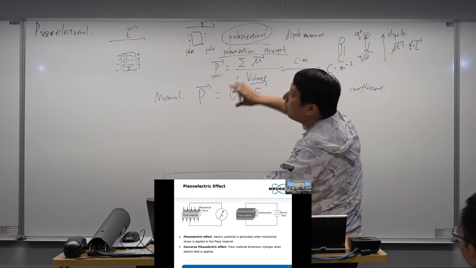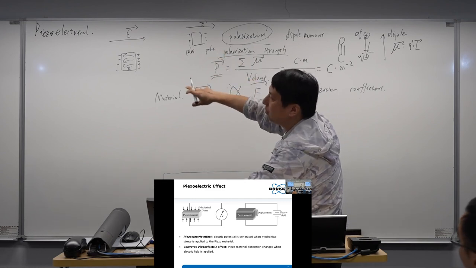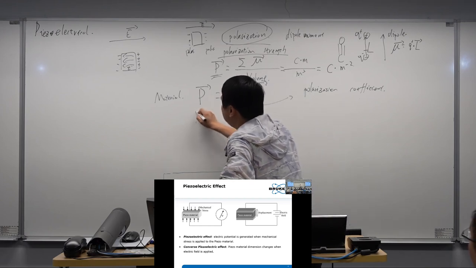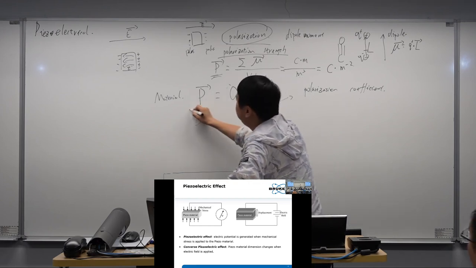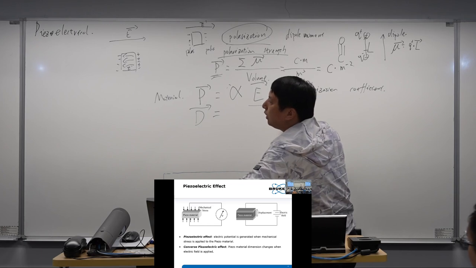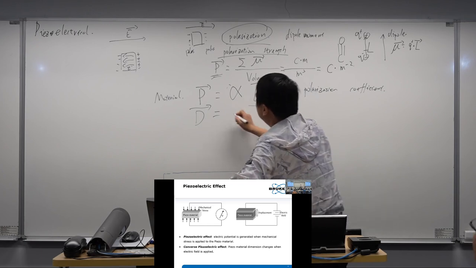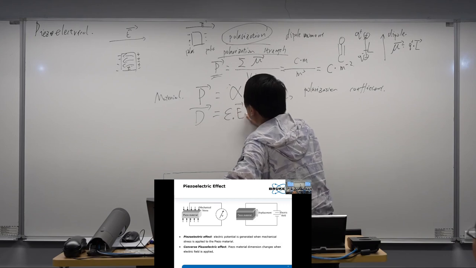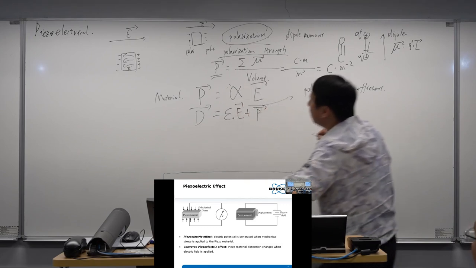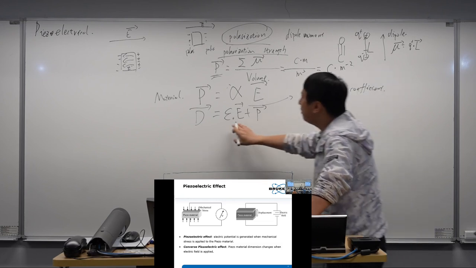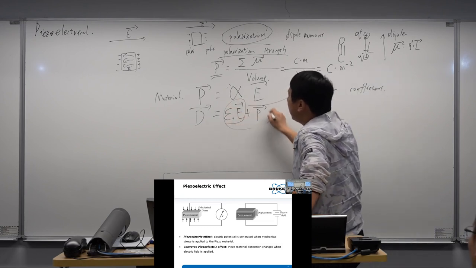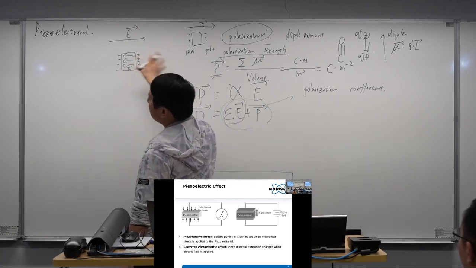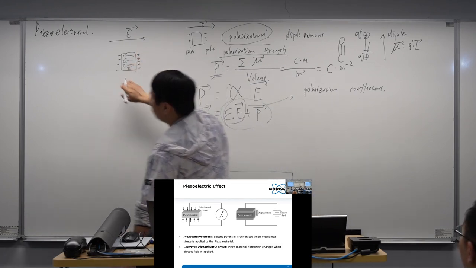This total electric field inside these materials, we usually use another physical quantity, we call it D. And usually we write epsilon 0 times E plus P. This way we can describe the total electric field inside these materials.